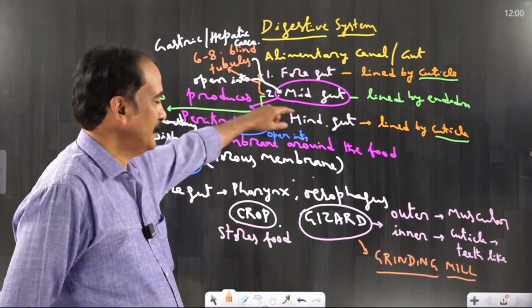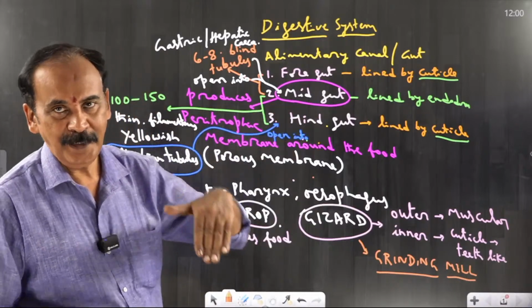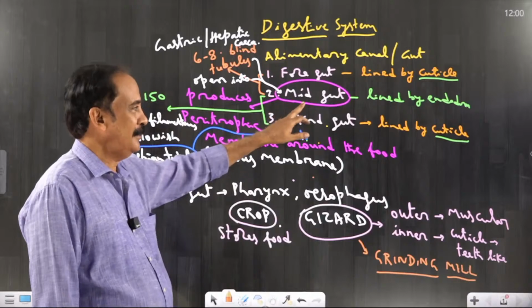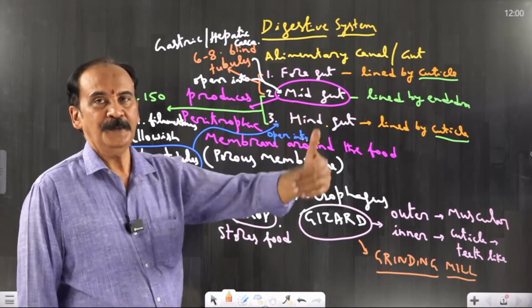Whereas the midgut is the region where the digestion process gets completed in the proximal part, and in the distal part of the midgut absorption takes place.